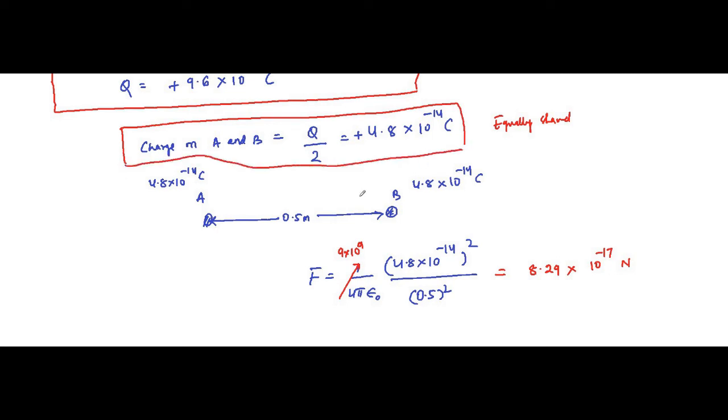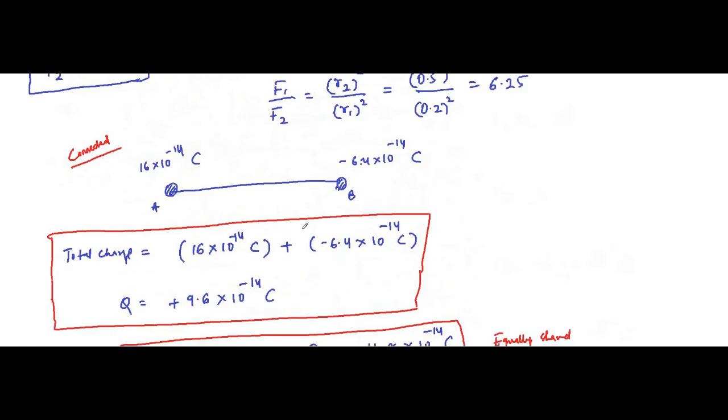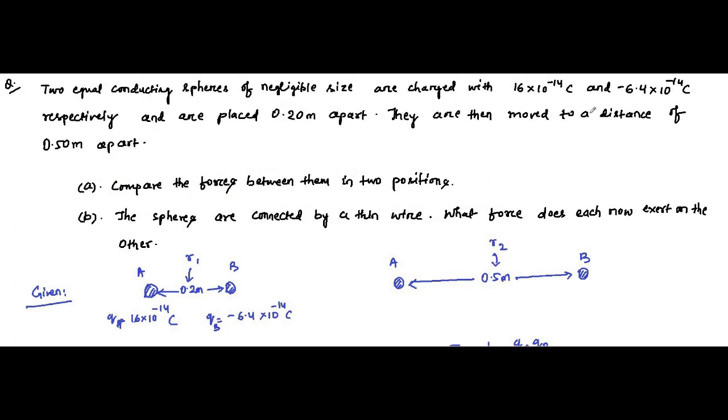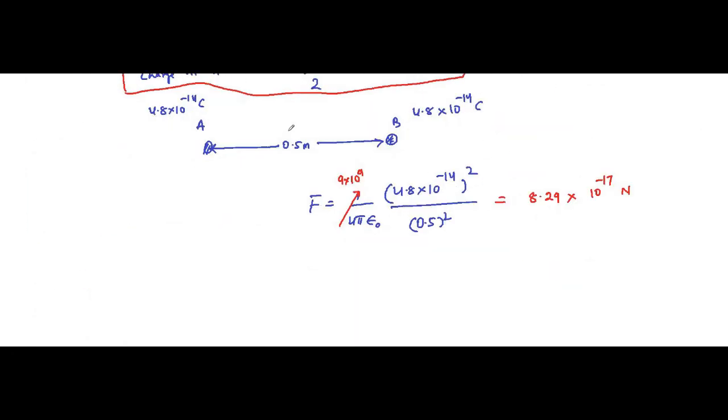Then many students make the mistake that in the final part, they put the value of the separation distance as 0.2. It has already been clearly mentioned that they are moved to a distance of 0.5 meter. Then after that they are connected by a thin wire. So if we put the value 0.2 meter, then it will be wrong.